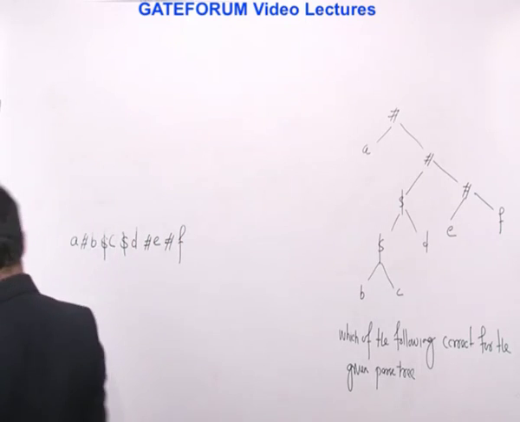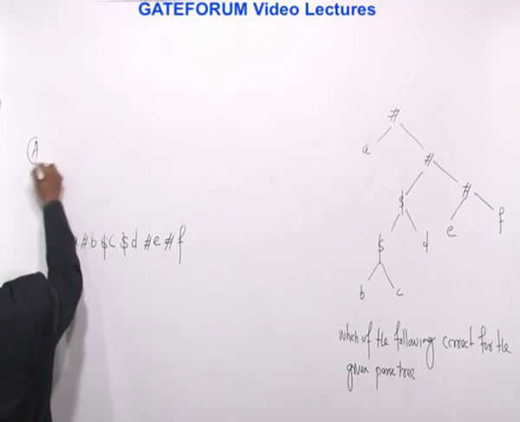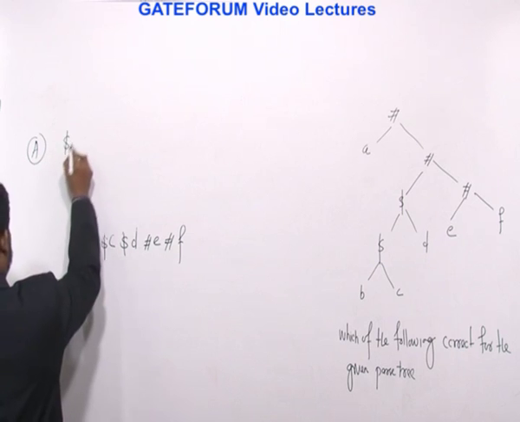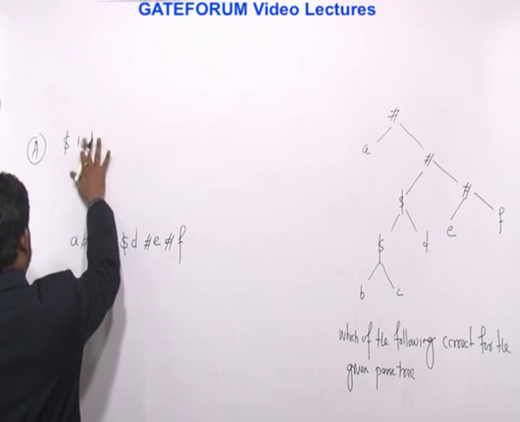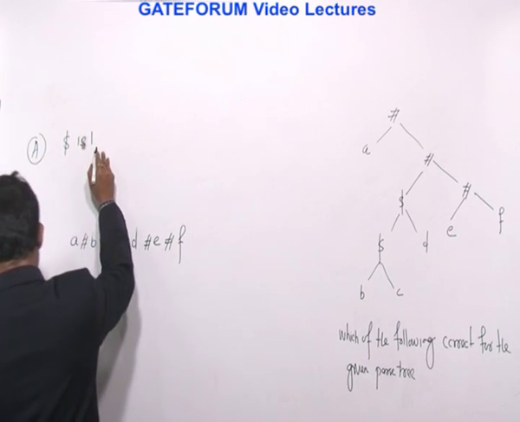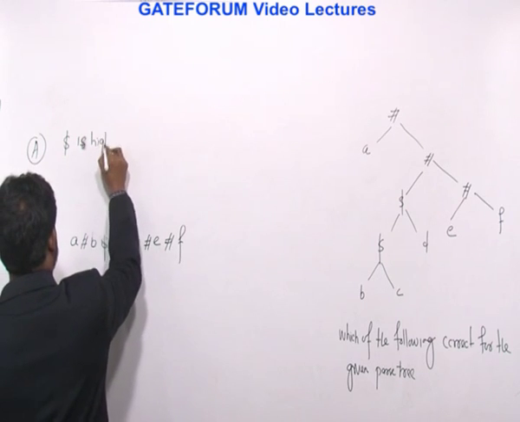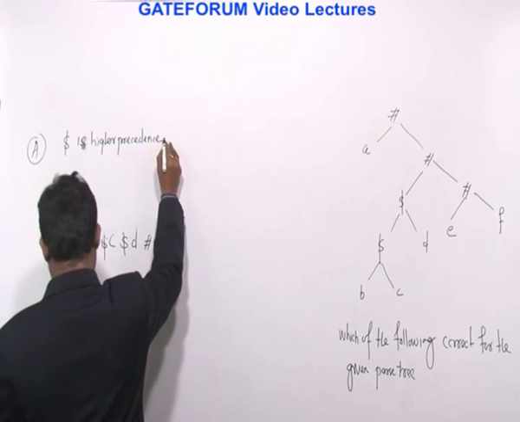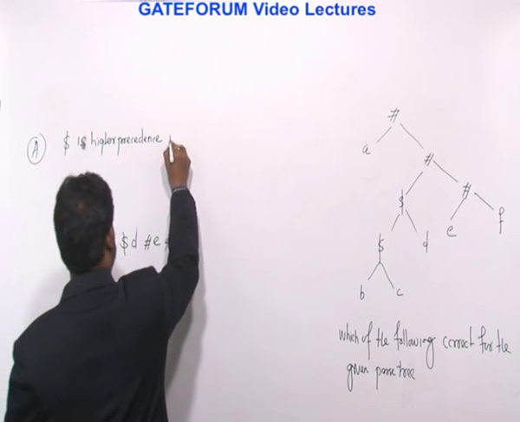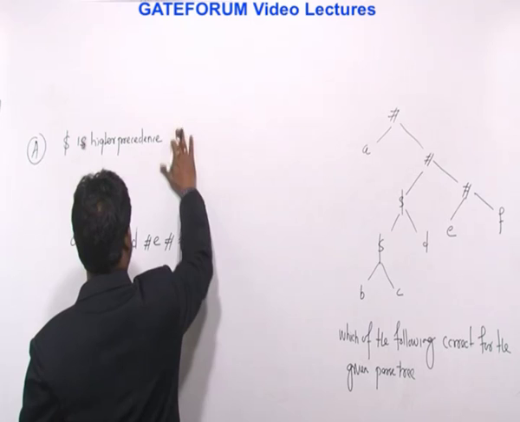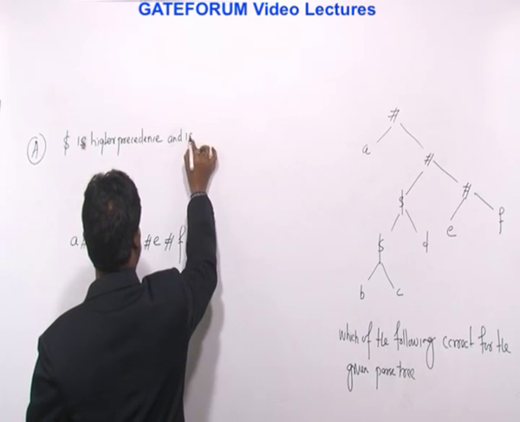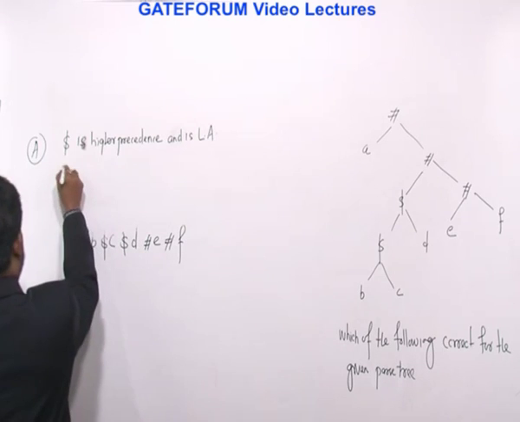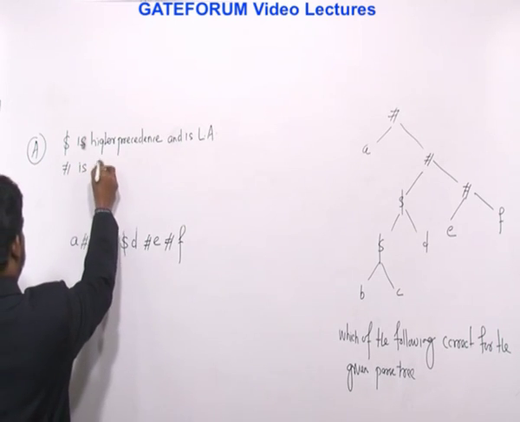Option A: dollar is higher precedence and is left associative, and hash is right associative.